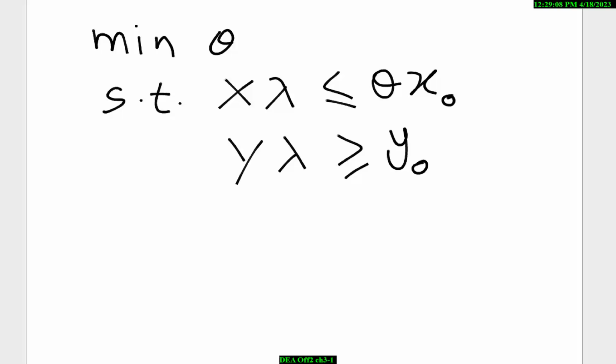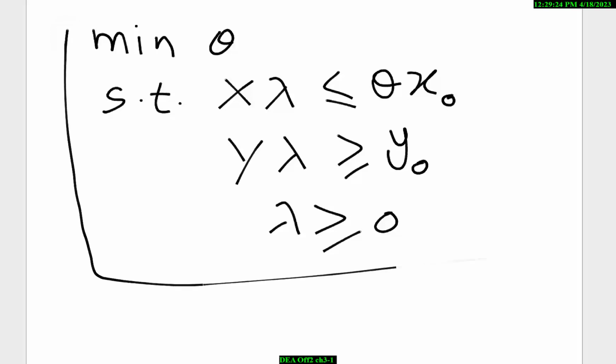That means DMU O. Here we have lambda bigger than or equal to 0. By solving this model, we can see if a smaller ratio of the inputs can produce at least the same outputs that DMU O produces.